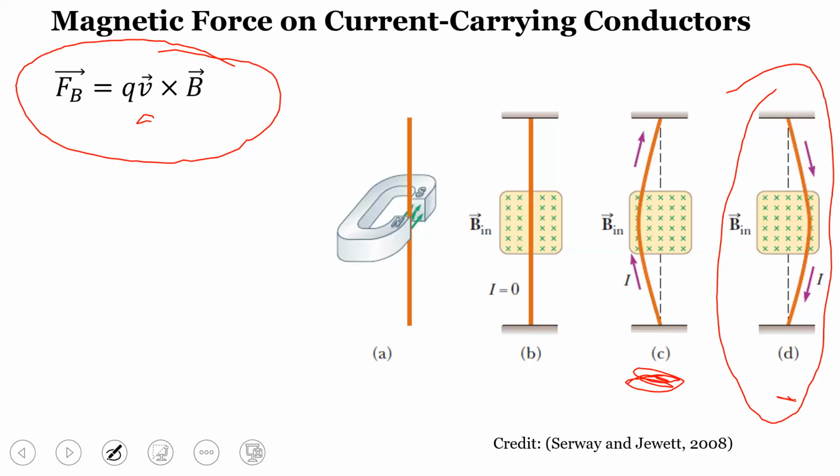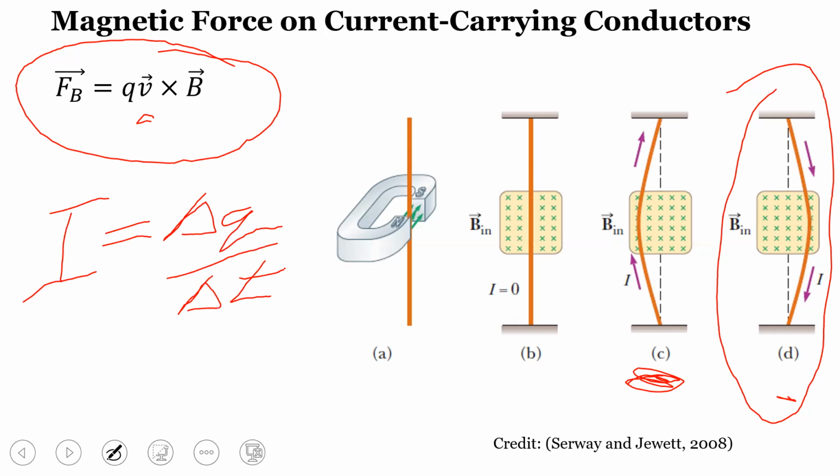Now we'll move from thinking about charges to thinking about current flow. We'll stop thinking about Q and start thinking about I, which is current flow. Let's redefine this current I. I is equal to delta Q over delta t.